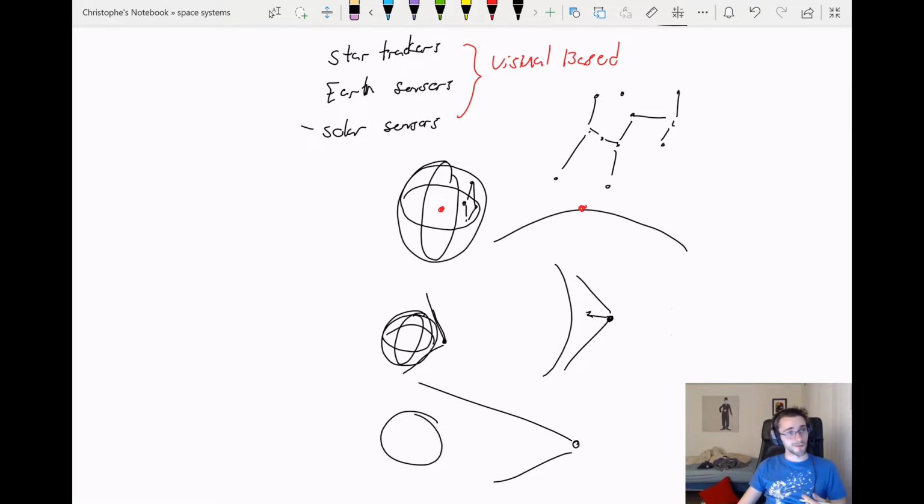But what you can do is you can shift your attitude and look for the Earth horizon. At that point, you can kind of see the curvature through some atmospheric haze here. You can get an idea of the curvature of the Earth, and based on that curvature and your attitude, you can draw some tangent lines here.